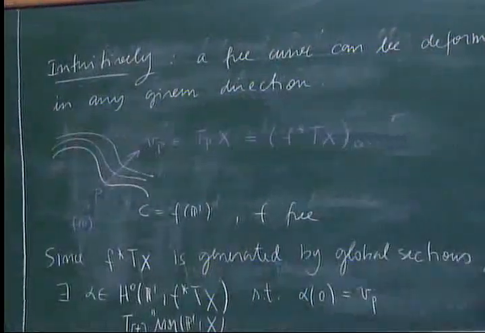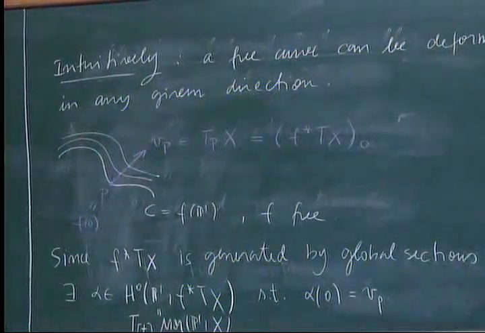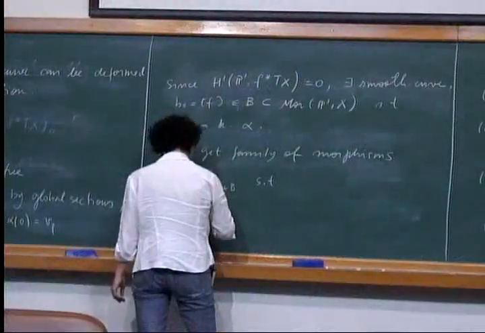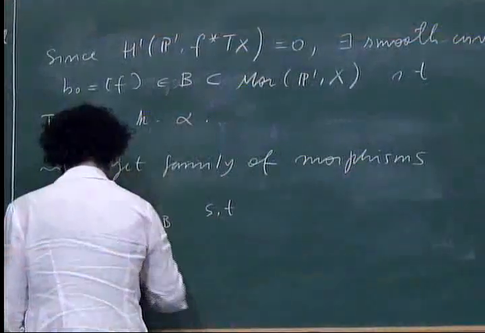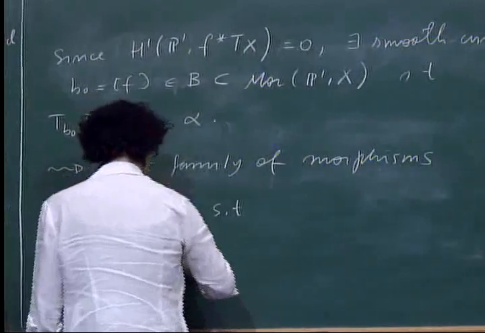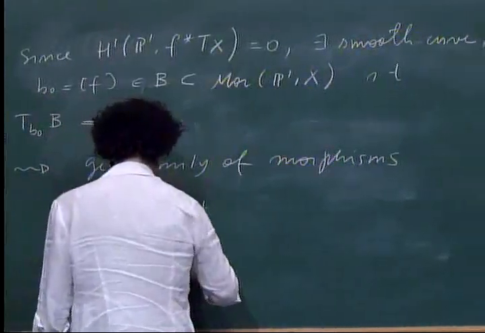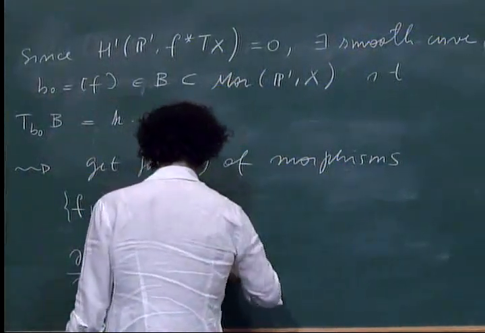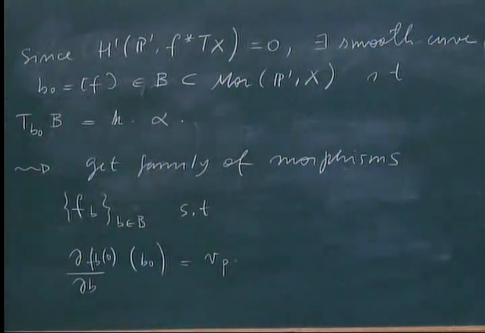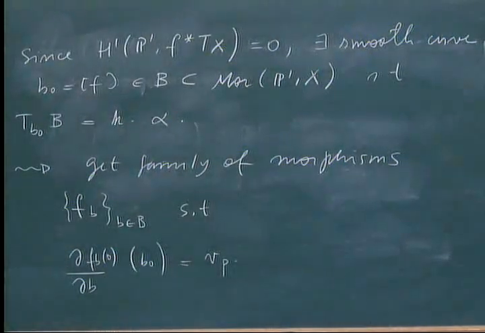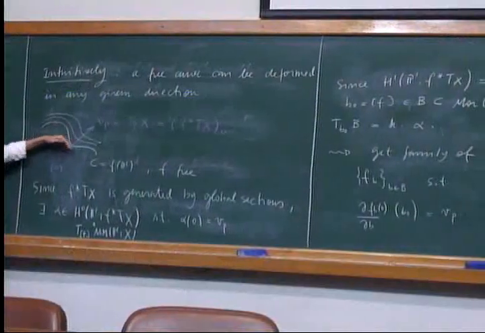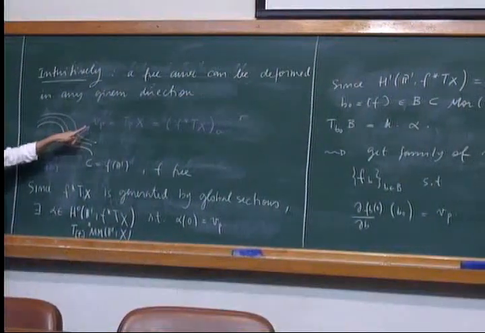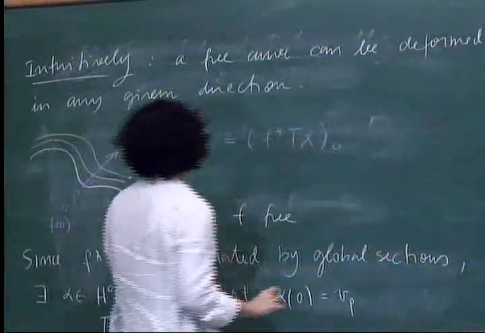So we get a family of morphisms such that df_b(0)/db at b equals b_0 is precisely the given tangent vector v_P. So given any point in the curve and any tangent direction, we can find a deformation of this curve that moves this point in this given direction. So this is the intuition.